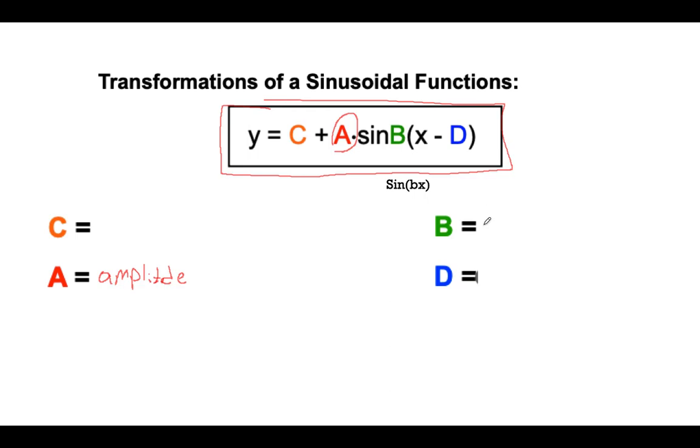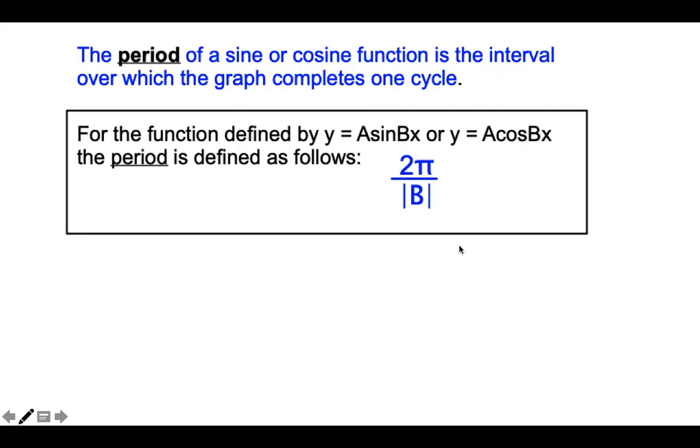And then B changes the period slash cycle. Now it doesn't mean it is a period or cycle. B changes the period cycle. And the next slide shows you how, okay? And so basically, we saw this slide yesterday.